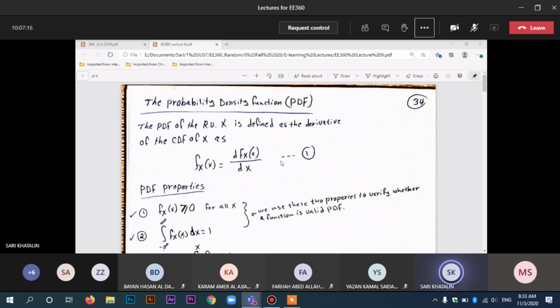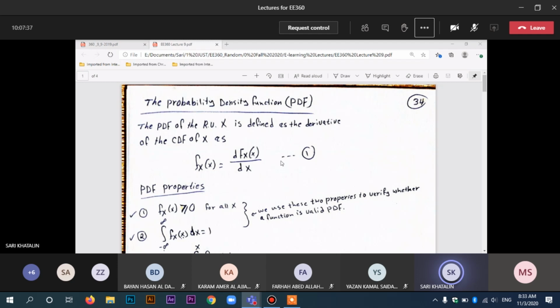And today, we're going to introduce a new distribution. It's called the probability density function, PDF. So the random variable can be described in either CDF or PDF.